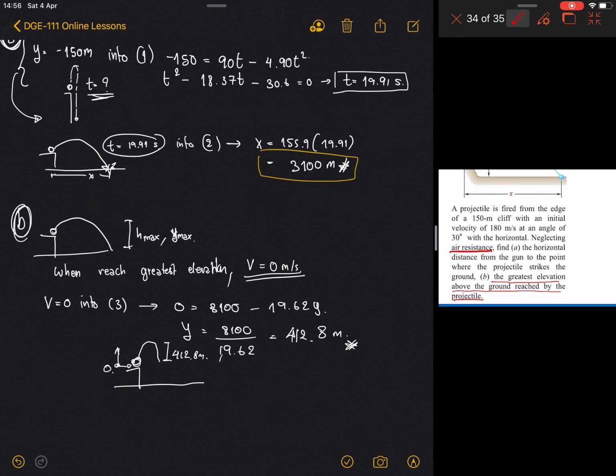So the max elevation above the ground is 412.8 plus 150, which is equal to 563 meters.